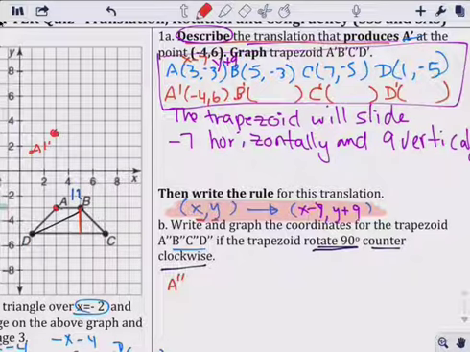A double prime is right here. B is right here. It's 3, 6 laying down. So it goes 6, 3 standing up. So 3 laying down, it's going to stand up like that right there.